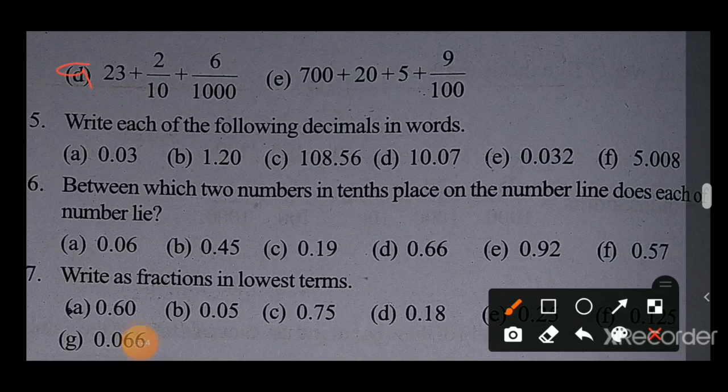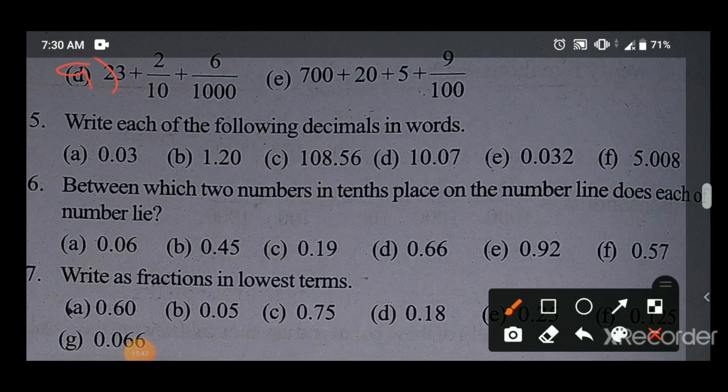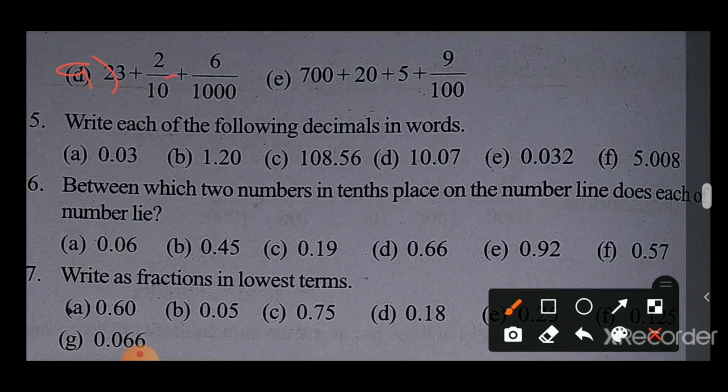So it is A, 0.60. In the denominator it is 1, and when we remove this decimal, after the decimal there are 2 digits, so we can put here 2 zeros.